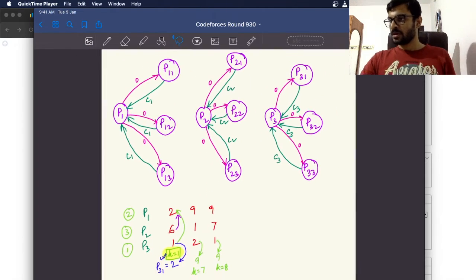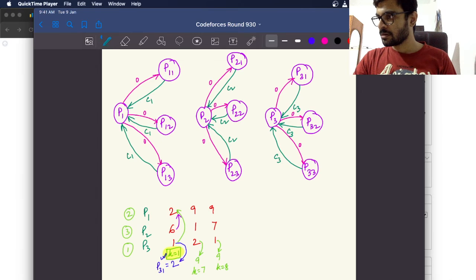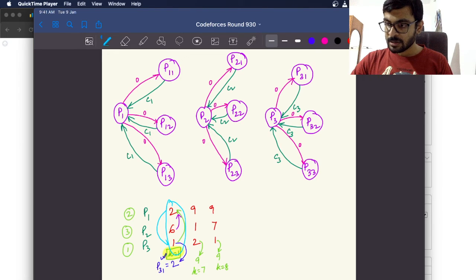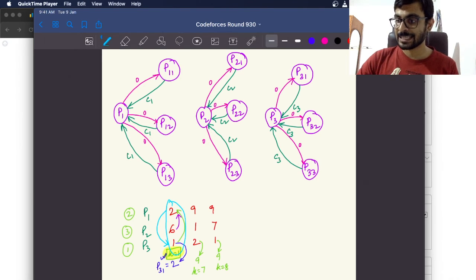So, using attribute 1, if I want to move from P1 to P3, then that is not free for me. I need an escalation. I need a cost of 1. I need to increase this by 1. If I want to move from 1 to 3, I need to increase this by 1.